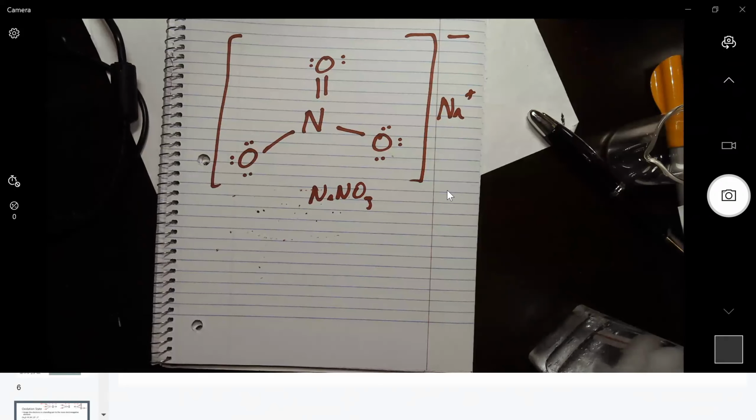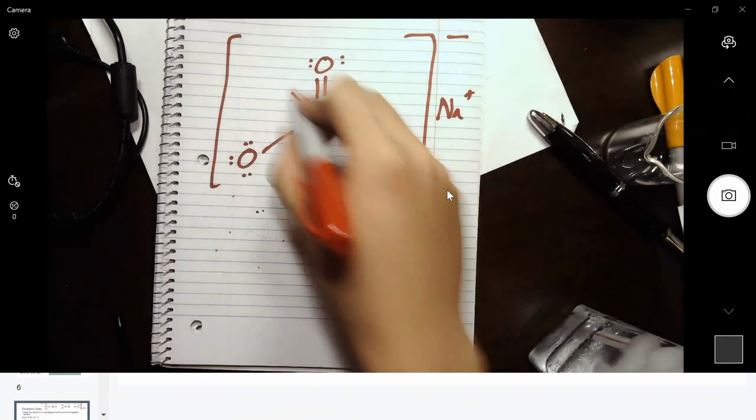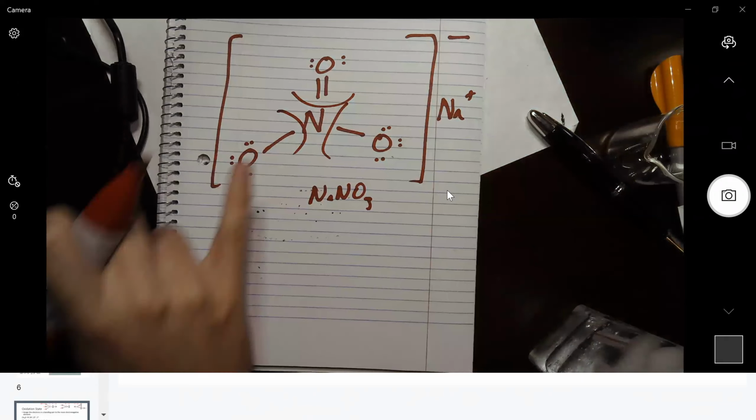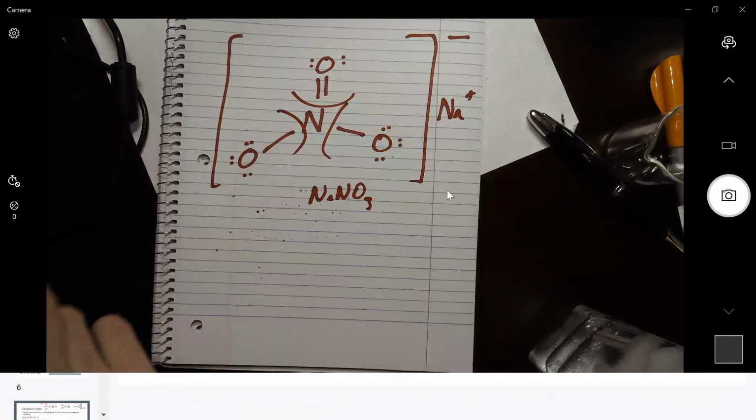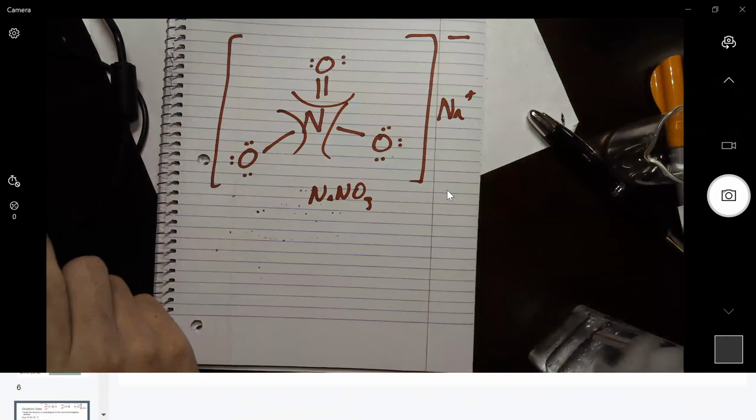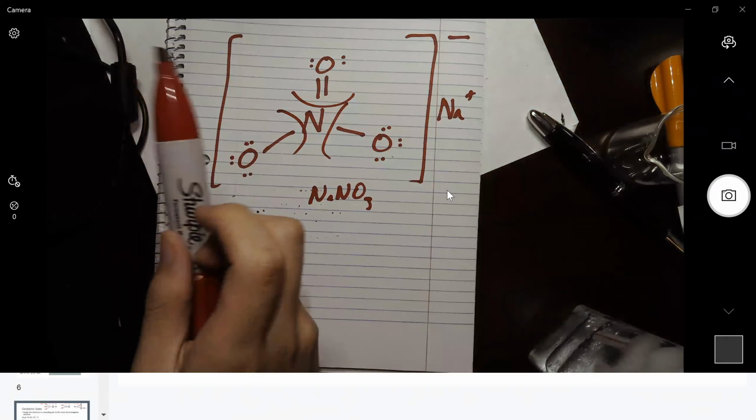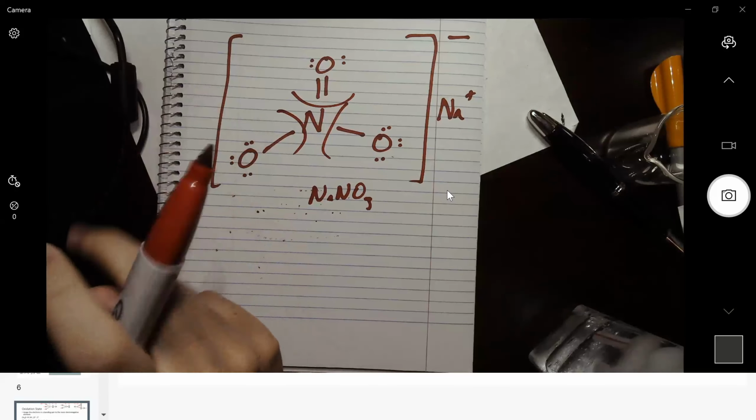Make sure you counted right. So what's more electronegative, oxygen or nitrogen? Oxygen, right? So all of these electrons go to oxygen. So that means the nitrogen doesn't have any electrons, right?